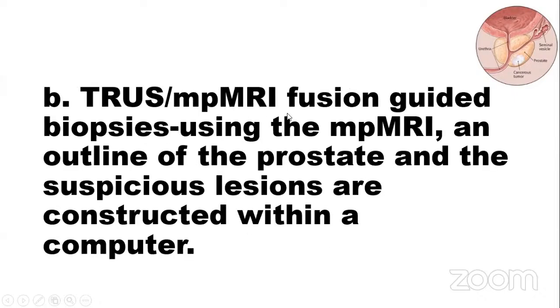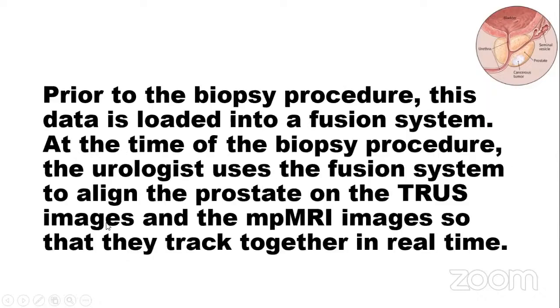Then there is TRUS multiparametric MRI fusion guided biopsy. Using the multiparametric MRI, an outline of the prostate and suspicious lesion are constructed within the computer. Prior to the biopsy procedure, this data is loaded into the fusion system.